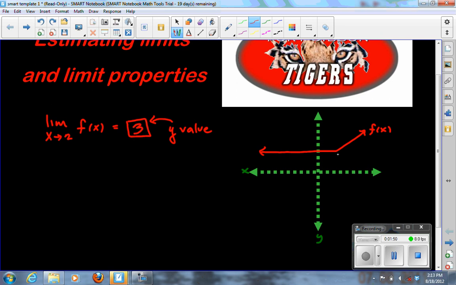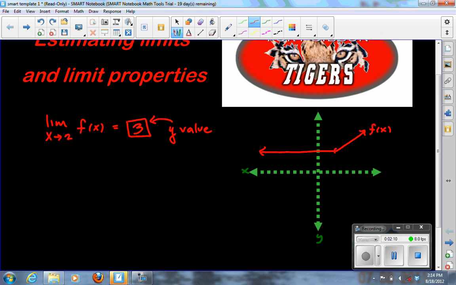Again, this limit is a y value. It's right here. All you're doing is looking, from the left and from the right, at what my y values are getting closer to as my x values get closer to x equals 2. It does not matter if this is actually defined right here.